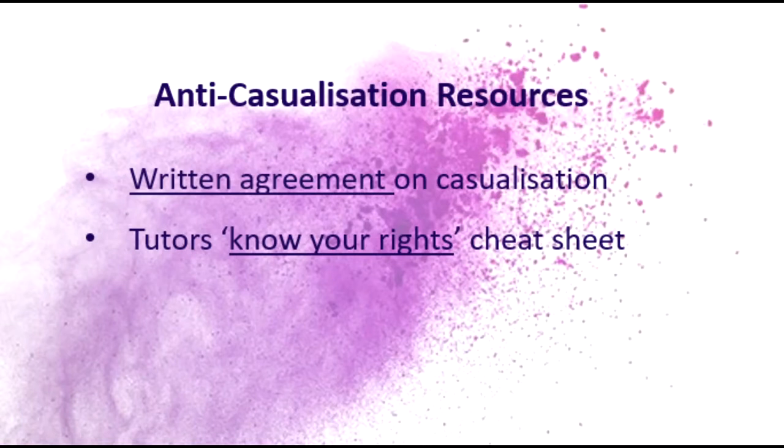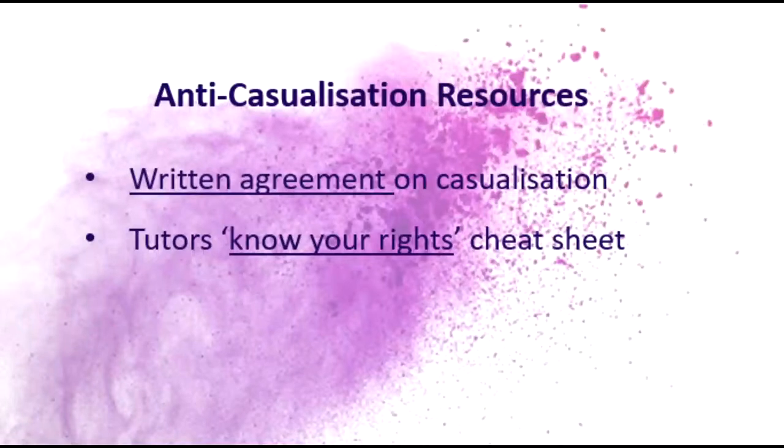This document is a co-signed agreement between the union and management on what the conditions of casually employed staff should be. Implementing the terms of this agreement across the whole university is ongoing work, so making members aware of the agreement, quoting the terms it lays out to local management, is a really key tool in tackling exploitation and casualisation.